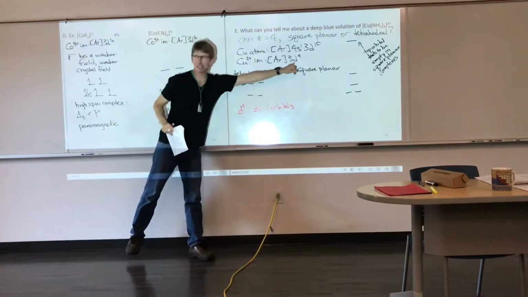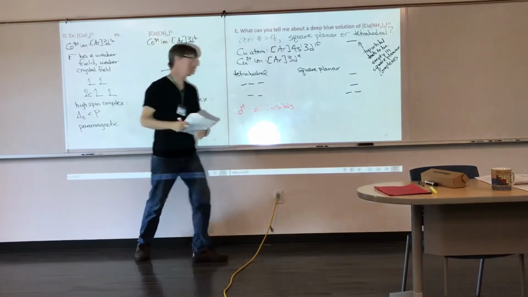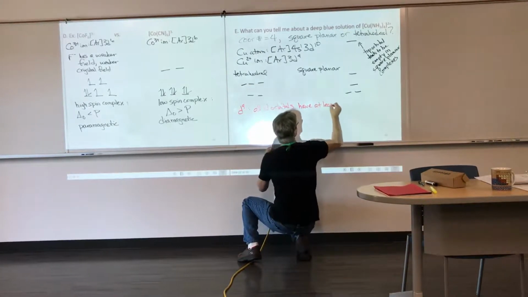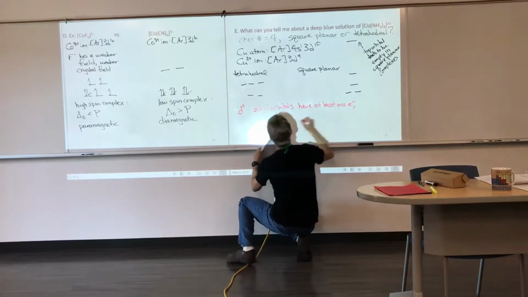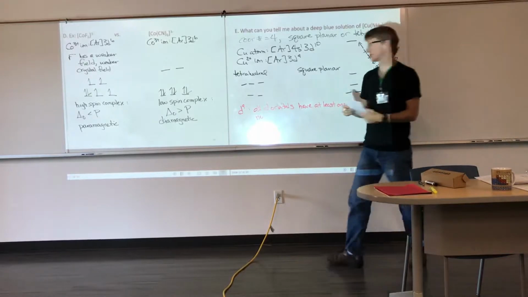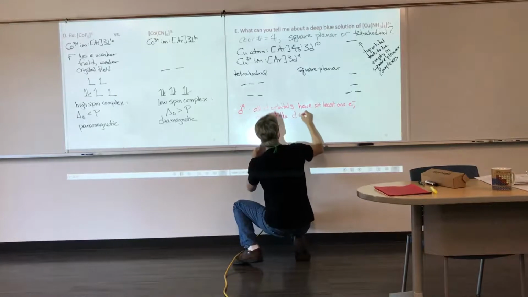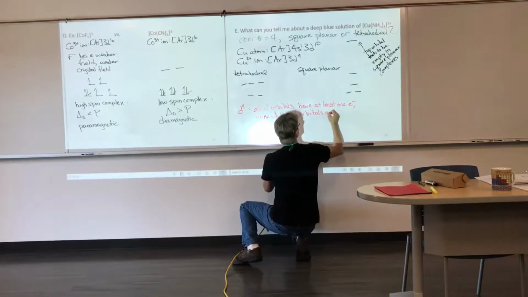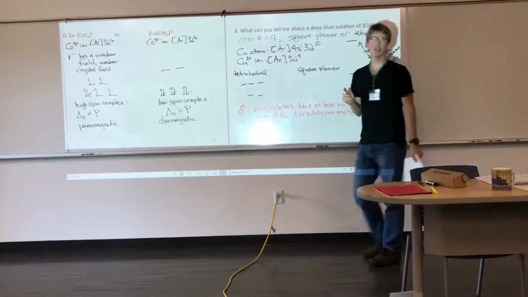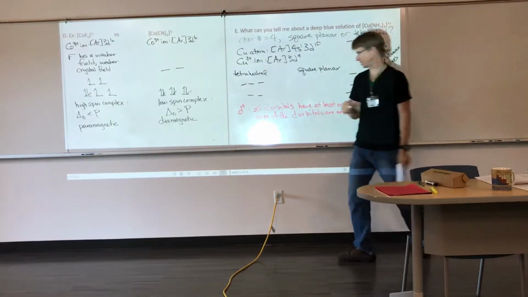With d9, that's the copper 2+ ion that we're looking at, all the d orbitals have at least 1 electron. Another way of saying it is that none of the d orbitals are empty. And therefore, for this complex ion, we will guess that it has the tetrahedral geometry.